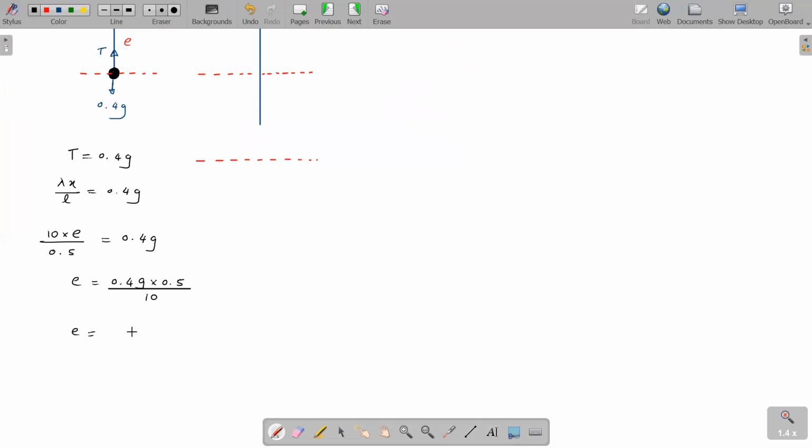It's 0.196, right? Yeah. 0.4 g, 0.4 into 9.8 into 0.5. This is the 0.4 g, right?